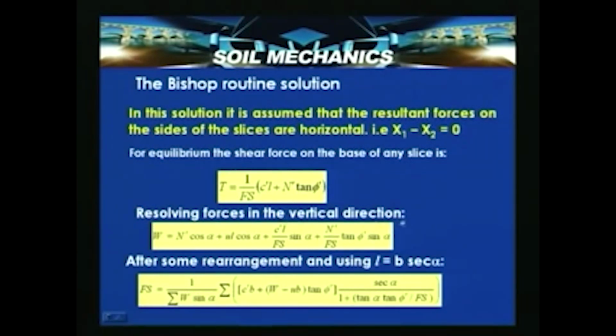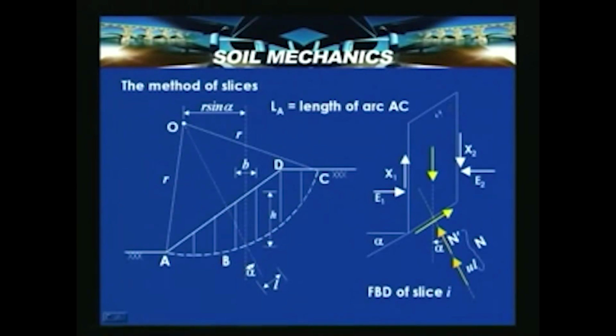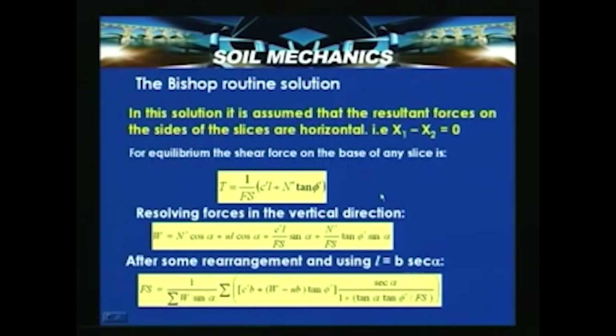Resolving the forces in the vertical direction, considering the free body diagram of slice I, we get W, the weight of the slice, equal to N dash cos alpha plus UL cos alpha plus C dash L divided by factor of safety into sin alpha plus N dash by factor of safety tan phi dash sin alpha.